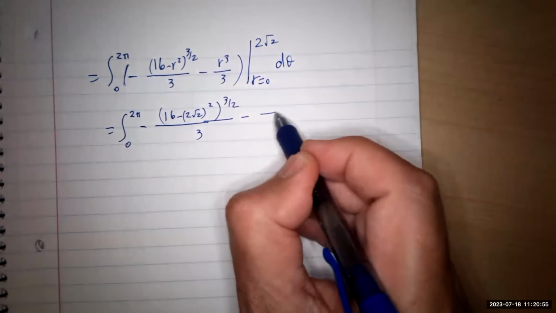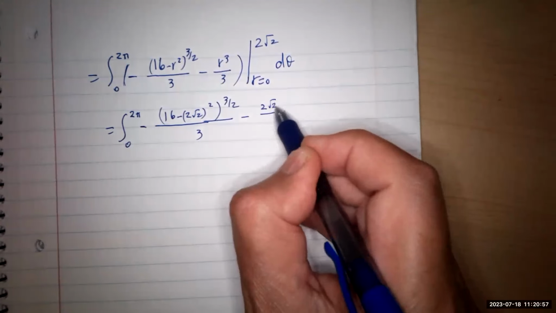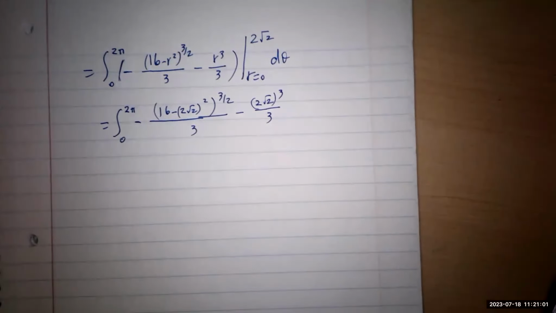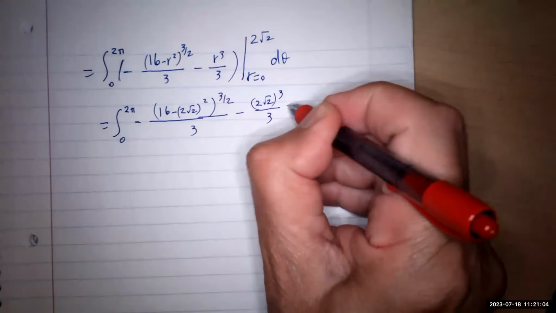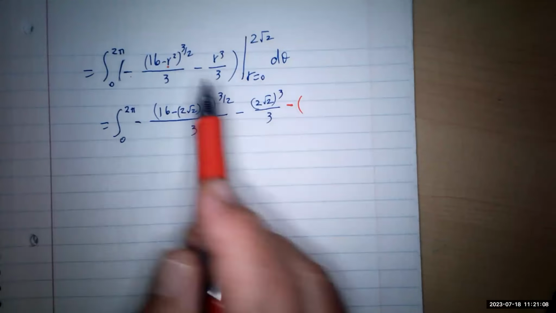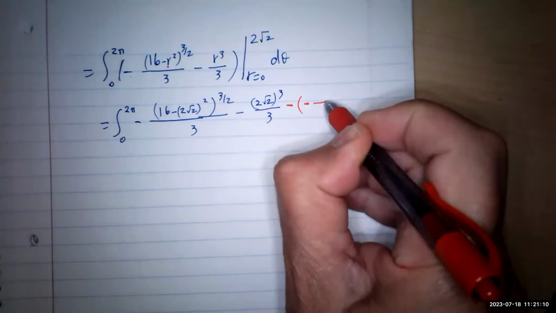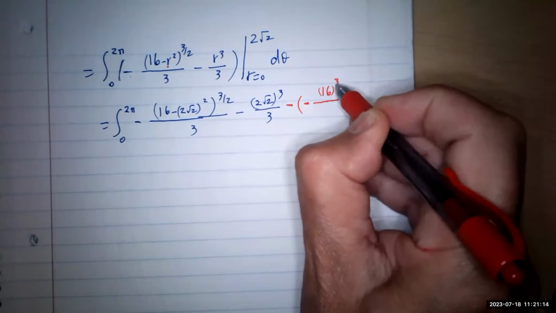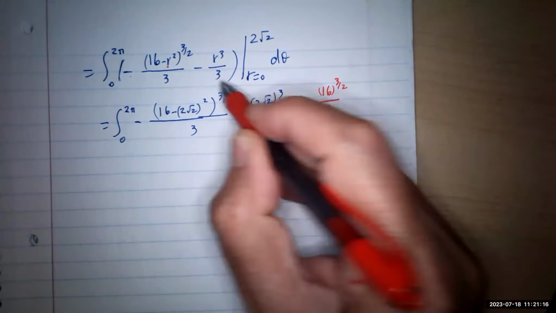Minus, same thing here, 2 radical 2 to the 3rd over 3. Then it's going to be minus, when you put r equal to 0, that gives a negative 16 to the 3/2 over 3 and minus 0.